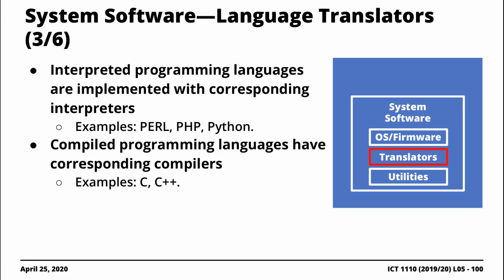Interestingly enough, you have certain languages that fall in between these two broad categories. Languages like Java are classified as a hybrid of the two. But the key takeaway here is we're just looking at examples. We're not really interested in the gory details of why Java is considered a hybrid programming language.